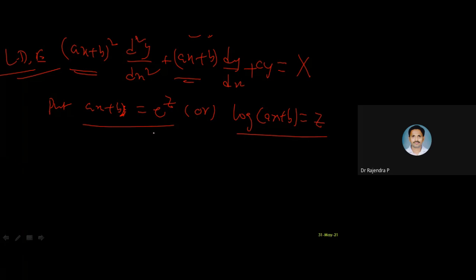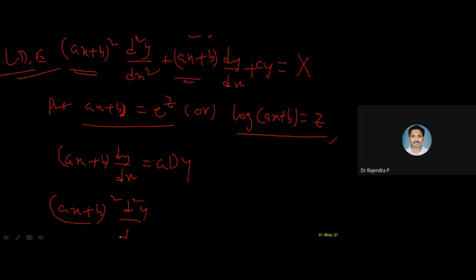That depends on us. Now when I substituted this, what we observed, what results we got in the derivation, is that (ax plus b) into dy by dx equals a into dy. (Ax plus b) whole square d square y by dx square, this we got as a derivation.